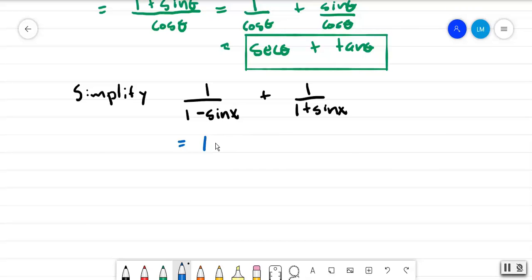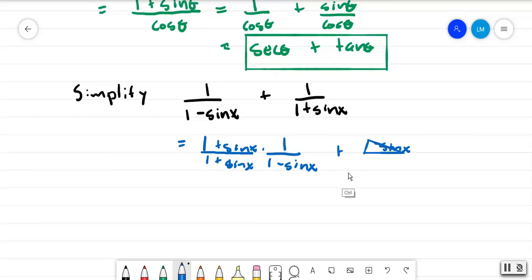So we're going to multiply this by 1 plus sine x over 1 plus sine of x, and then we're going to multiply the other by 1 minus sine x over 1 plus sine of x.